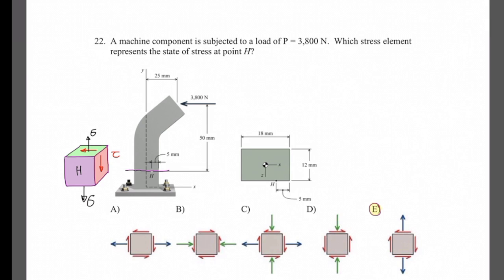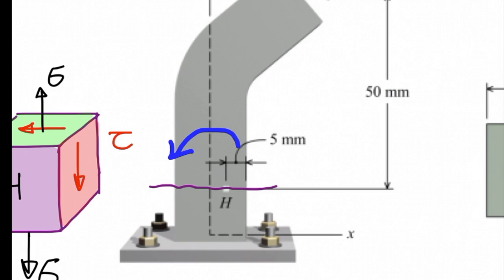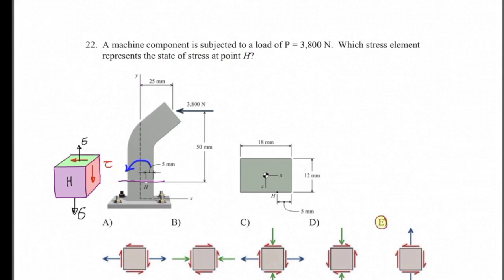What kind of stress is developed on the right side of the neutral axis? It causes tension on the right side of the neutral axis and compression on the left side. Let me show it here. The moment that is developed is like this, and it causes compression on the left and tension on the right. So based on that, the only possible option would be E.